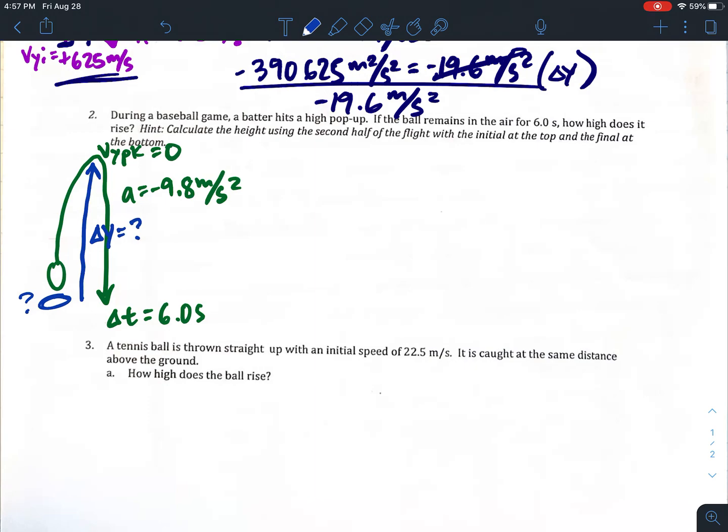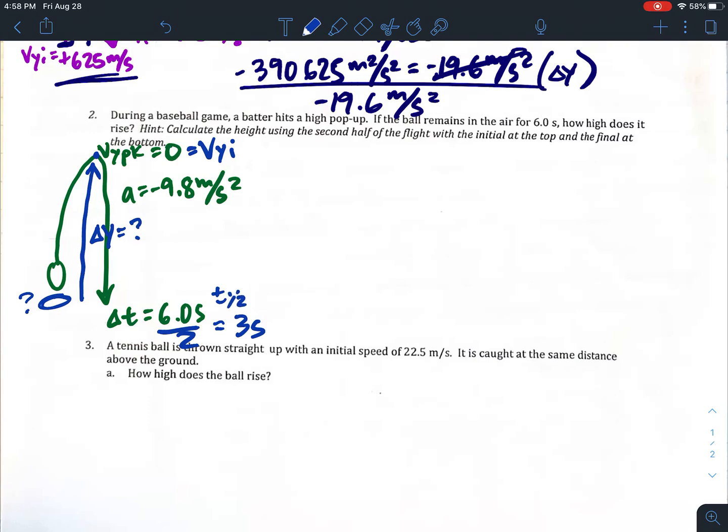We also don't know VYF, so we can't assume anything. But we do know Vy at the peak. So let's treat Vy at the peak as if it was the initial starting place. So we're going to treat it like the ball started up here and just fell. Now if we do that, we have to cut our time in half because we're only doing the second half of the fall.